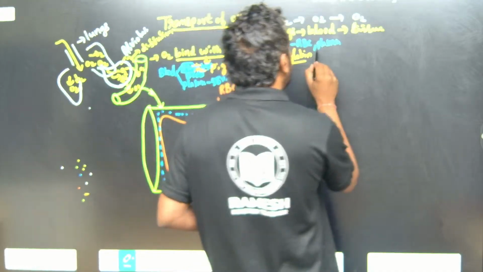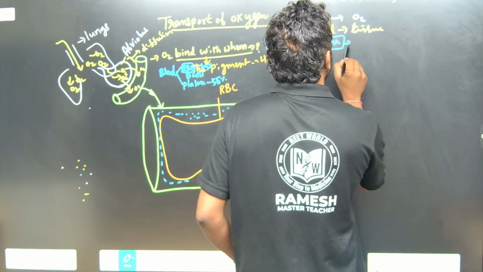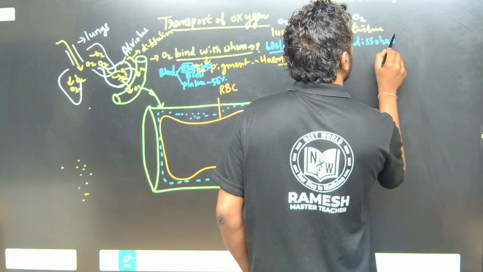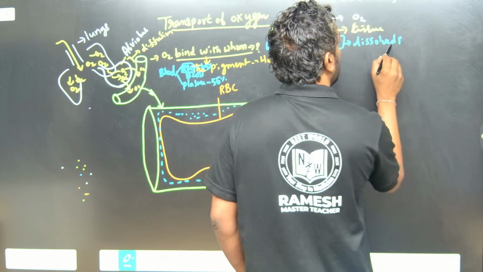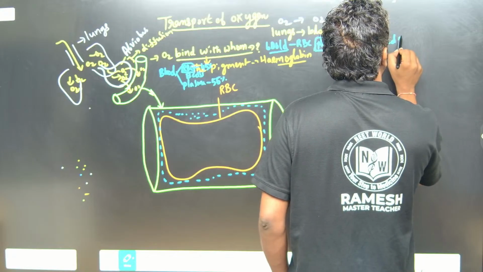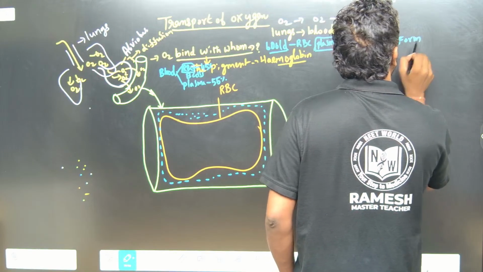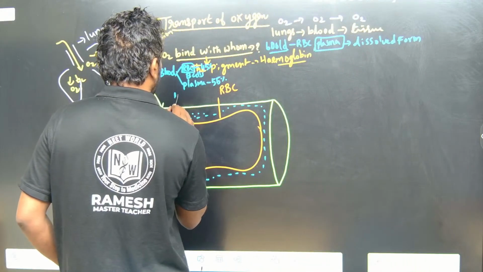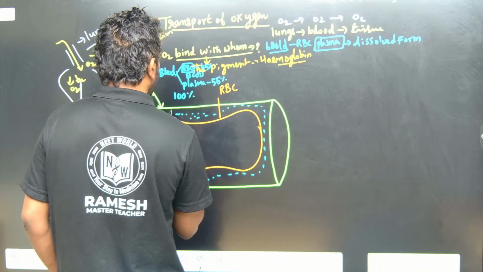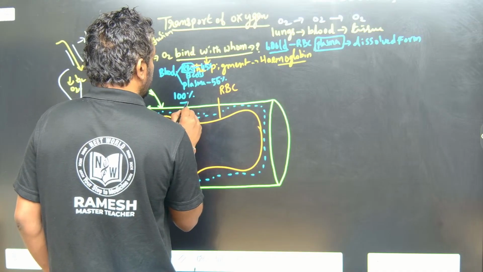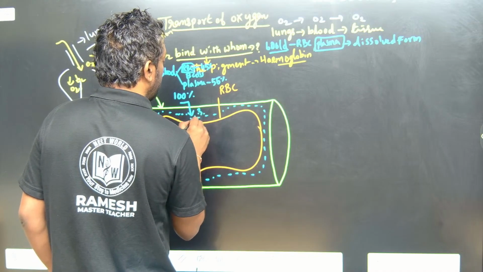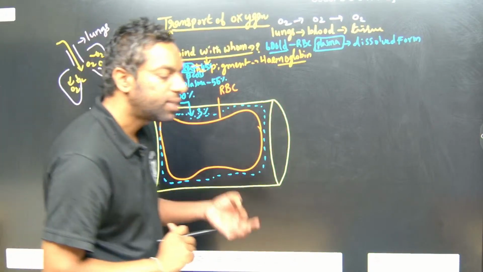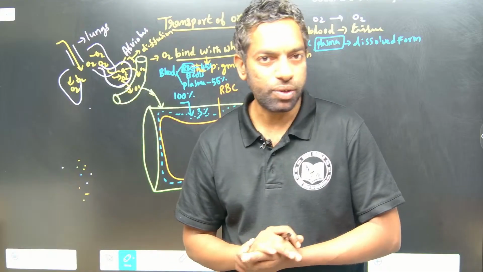Through the plasma, oxygen can be carried in the dissolved form. If it is 100% oxygen, just 3% can be carried in the dissolved form. Oxygen is unlikely to dissolve in solutions.